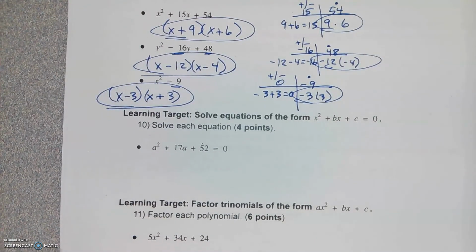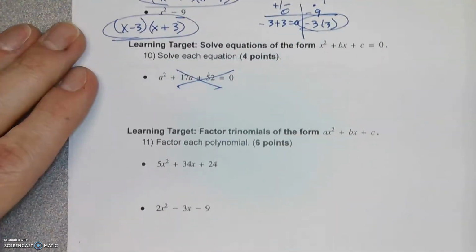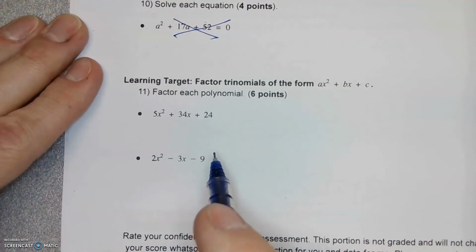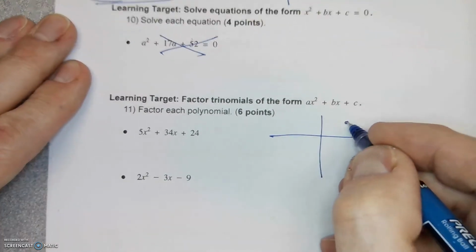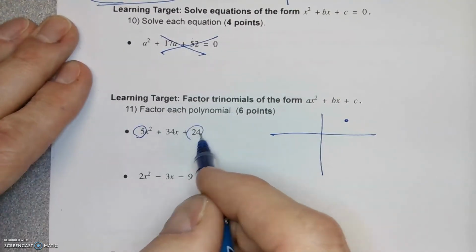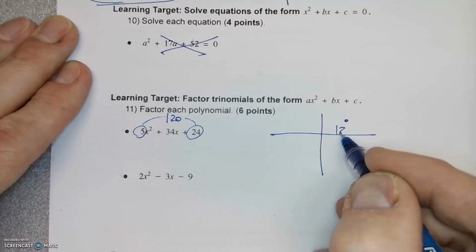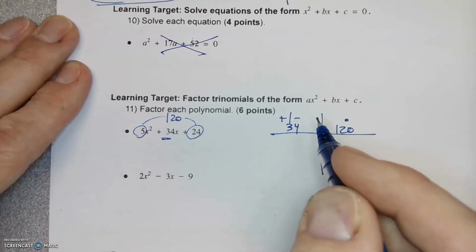All right, next up, again, these solving ones we're not going to do. Cross those out. Right here, 5x squared plus 34x plus 24. T-chart situation. It's got to multiply to what these two multiply to, which is 120, and it must add or subtract to this number.